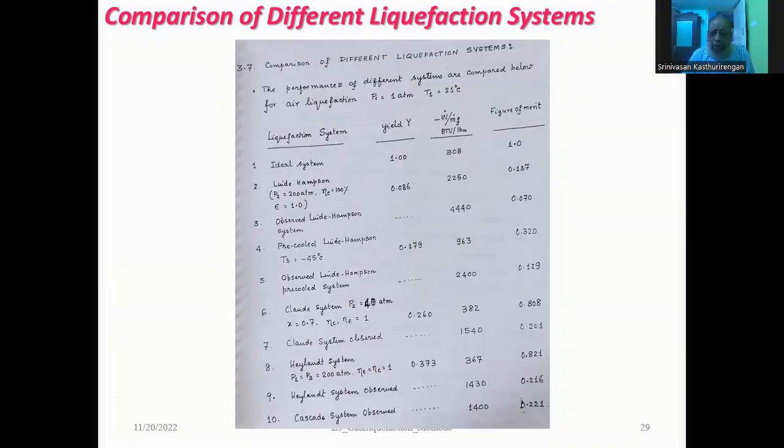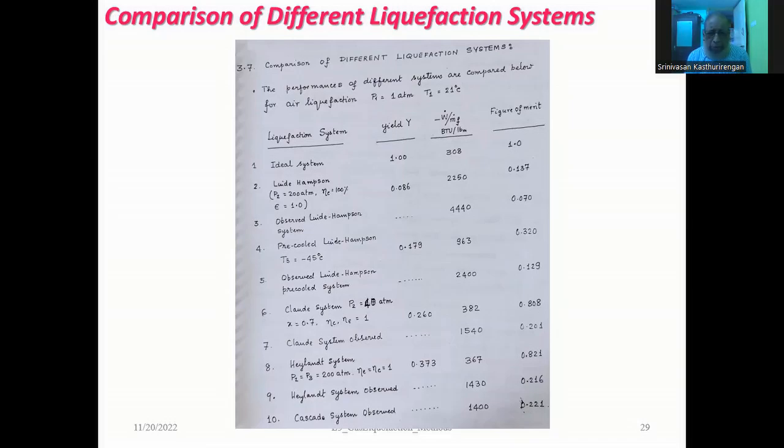So the figure of merit will now be 308 divided by 2250, which is about 13.7% or 0.137. The observed Linde-Hampson system is much lower. It is 4440 BTU per pound mass, and the figure of merit is only something like 7%.